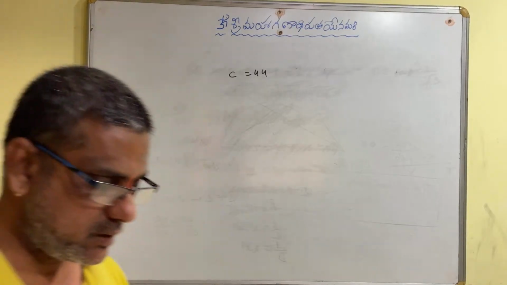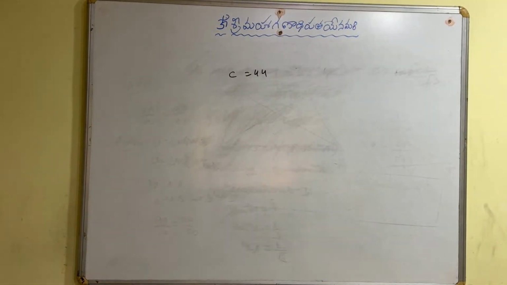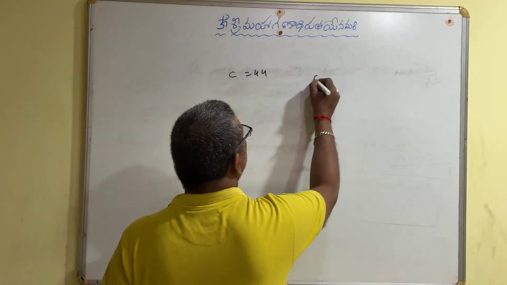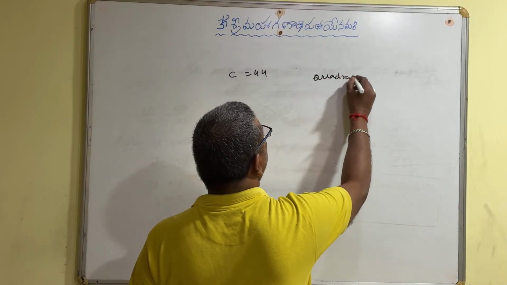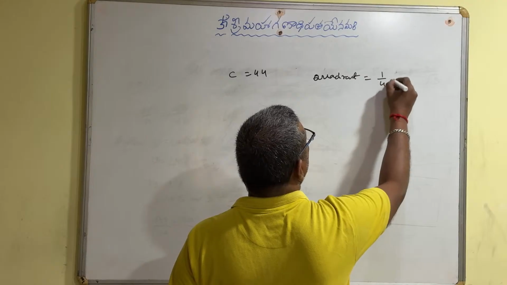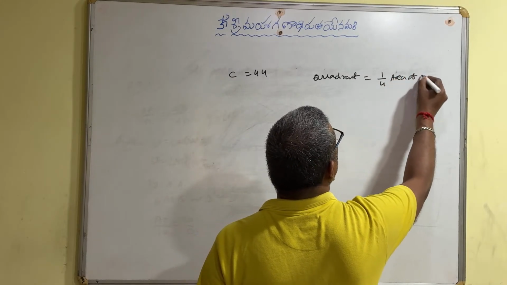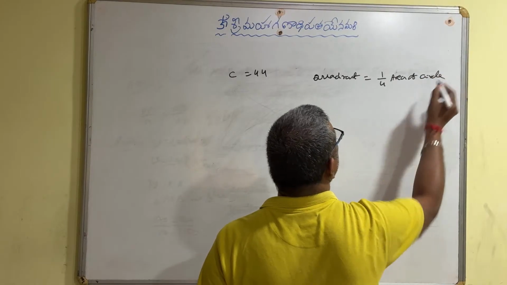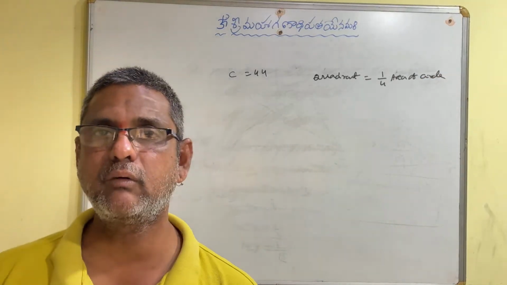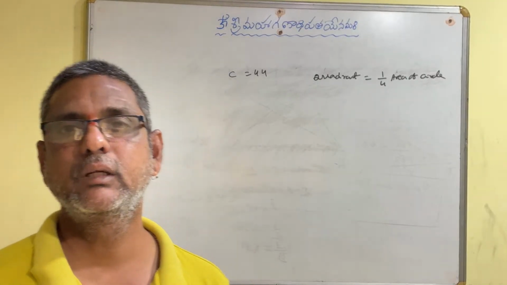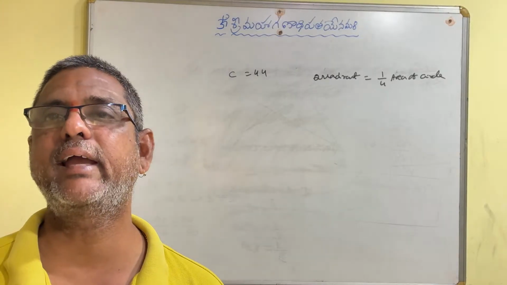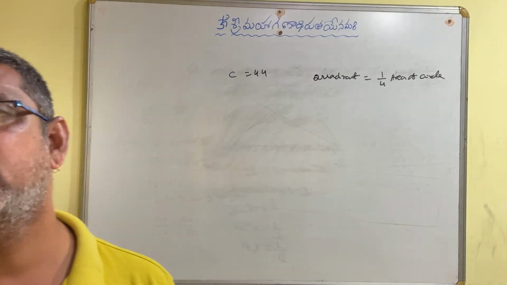Can anyone say what is a quadrant? Quadrant is nothing but 1/4 of the area of the circle, or a sector with sector angle 90 degrees.